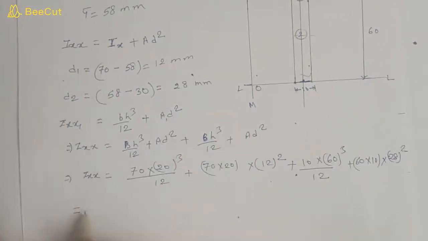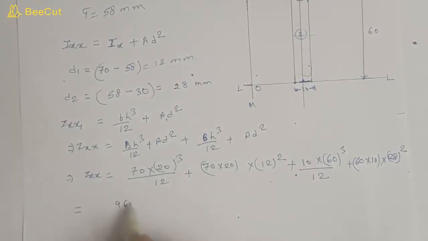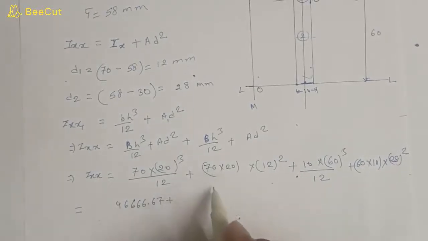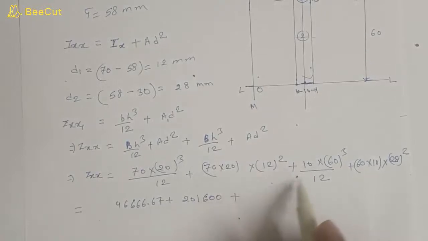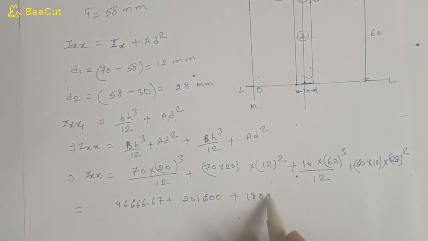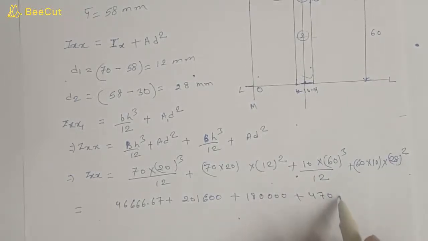So this bh cubed by 12 will be 4666.67 plus 1400 into 12 squared, which gives 201600, plus this value 180000, plus this value 470400.